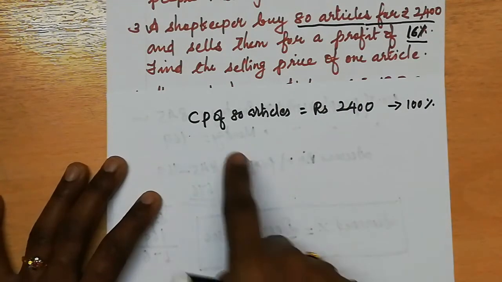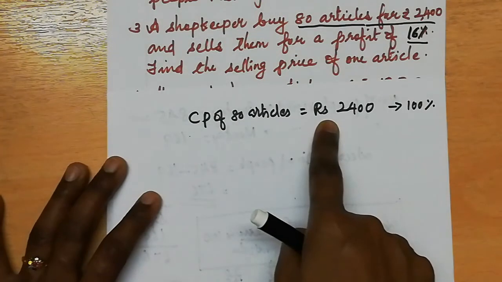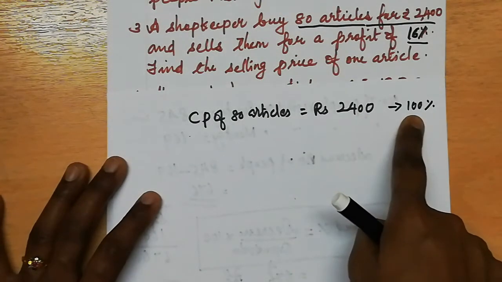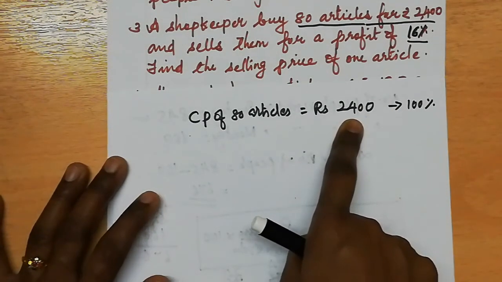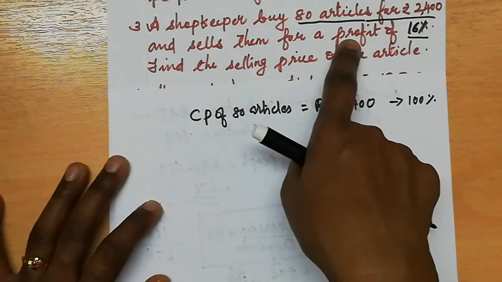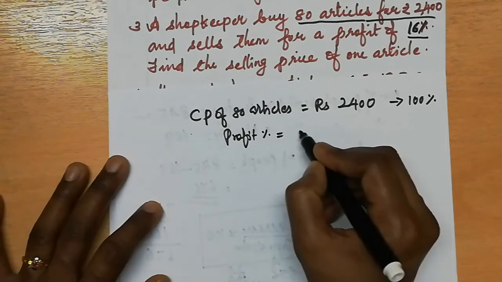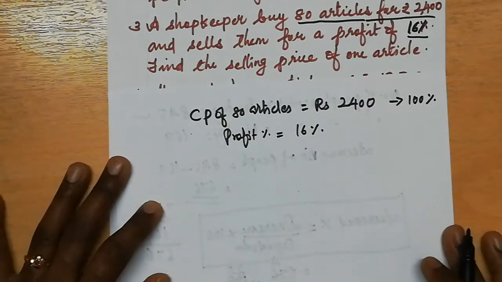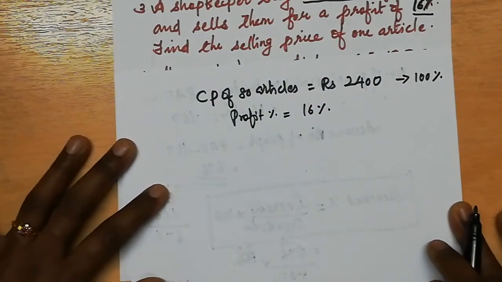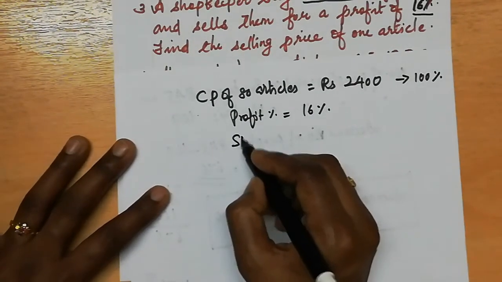So the cost price of 80 articles is rupees 2400. That is, 100% is 2400. So now what is the profit percentage? Here the given profit percentage is 16%. So how much will be the selling price? We have to find the selling price.